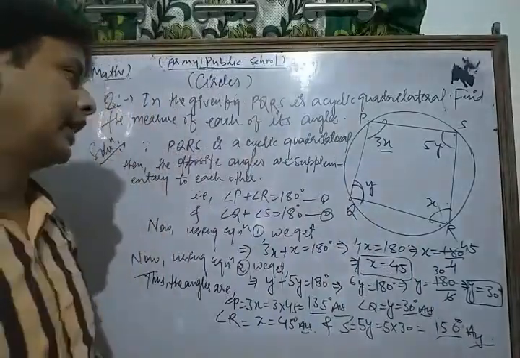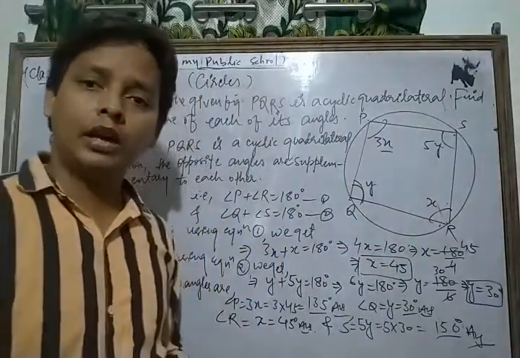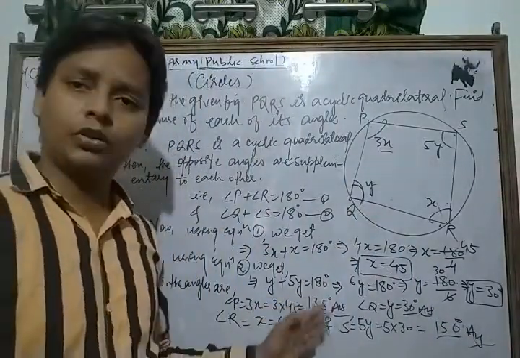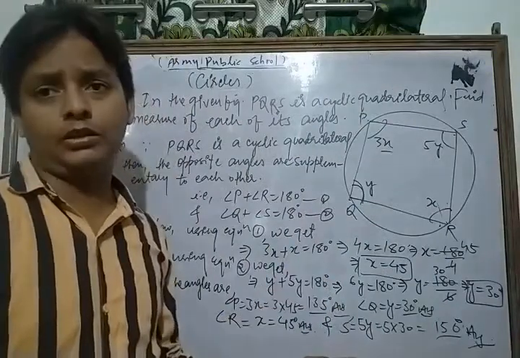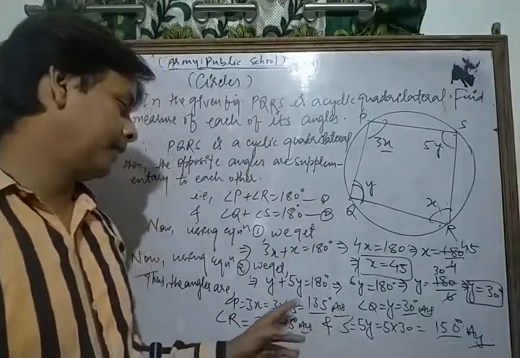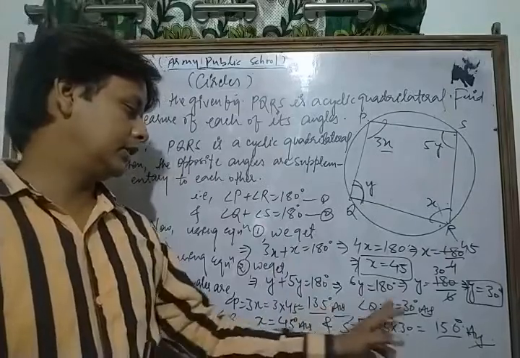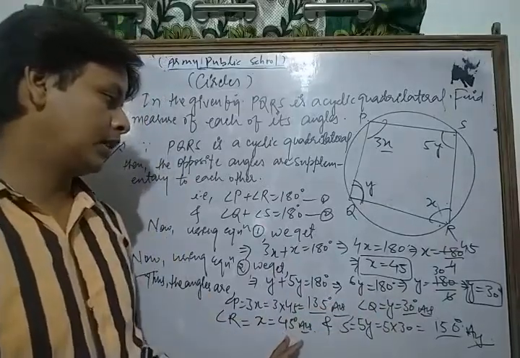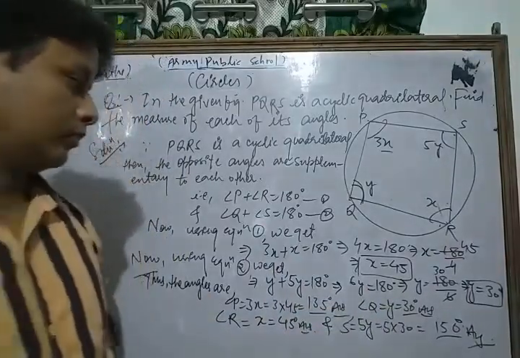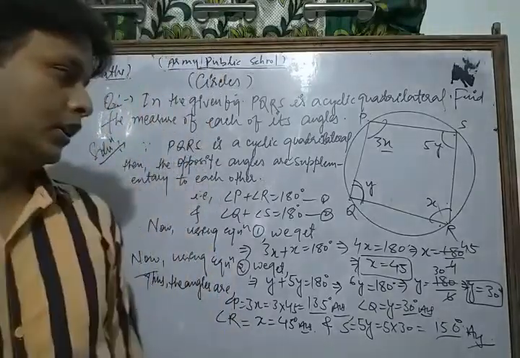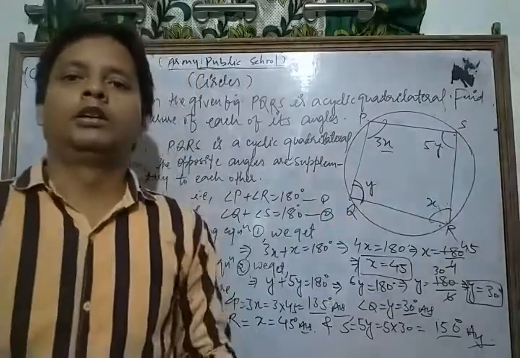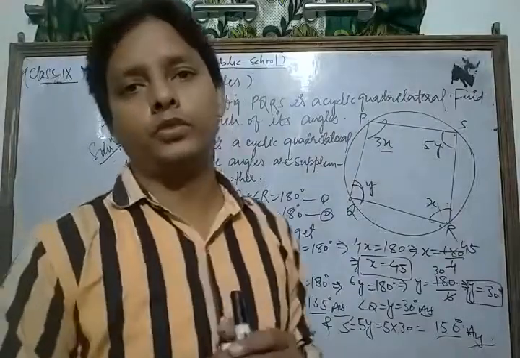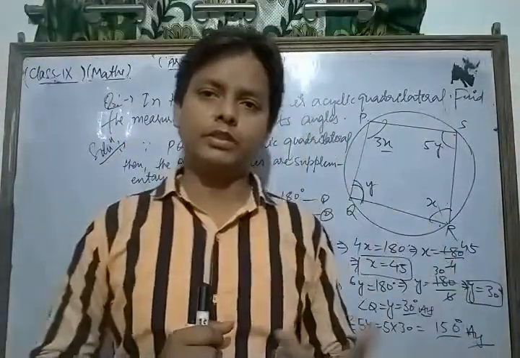So in this way, dear friends, we find all four angles of this cyclic quadrilateral: 135 degrees, 30 degrees, 45 degrees, and 150 degrees. First of all you revise the theorems which we discussed in that class.